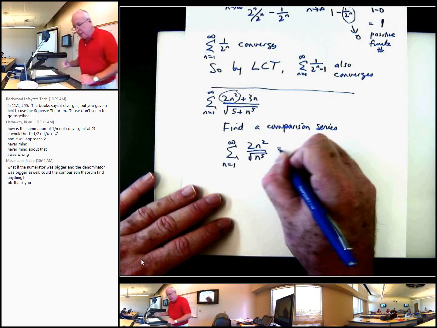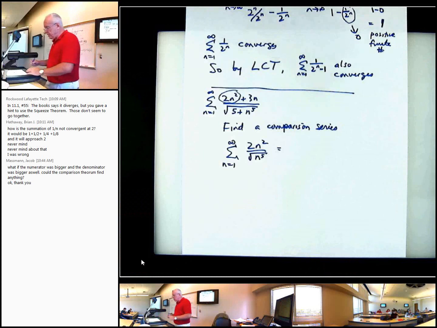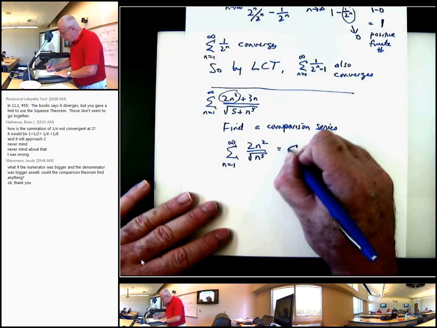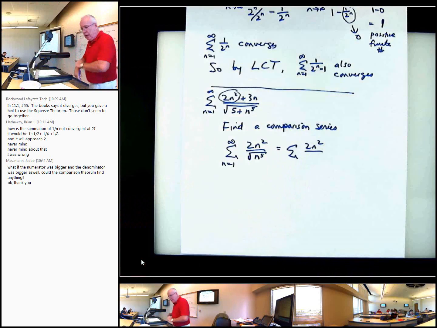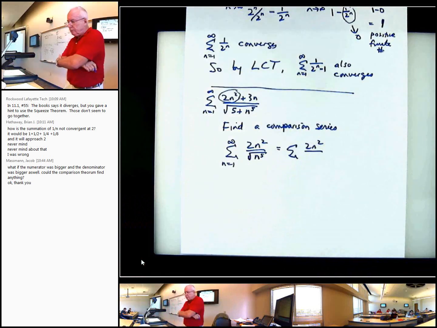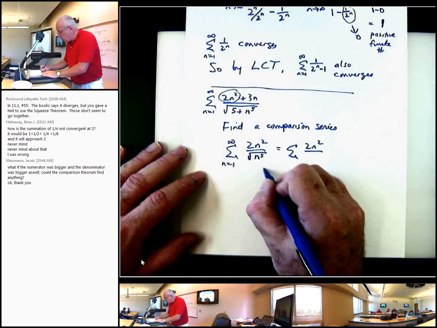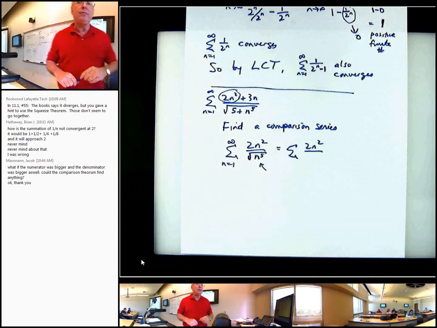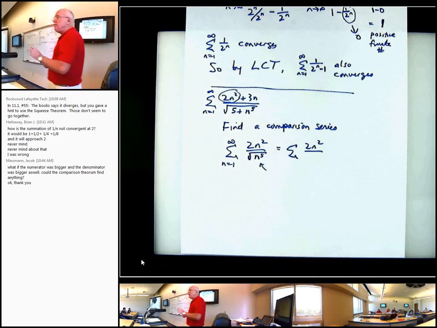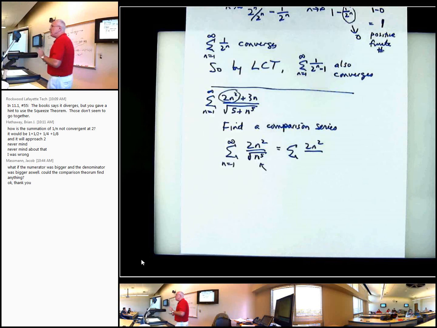So let's simplify this a little bit. This is 2n squared on top. This is the square root of n to the 5th. What would be the fraction exponent that that's equivalent to?